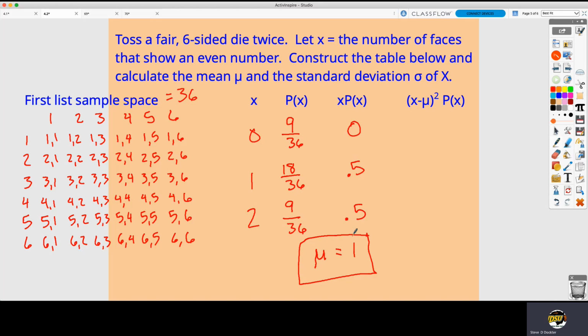Then to find the standard deviation, we just plug stuff in. So we've got 0 minus 1 squared times our probability, which would be 9 out of 36. Then we do the same thing for the other ones.